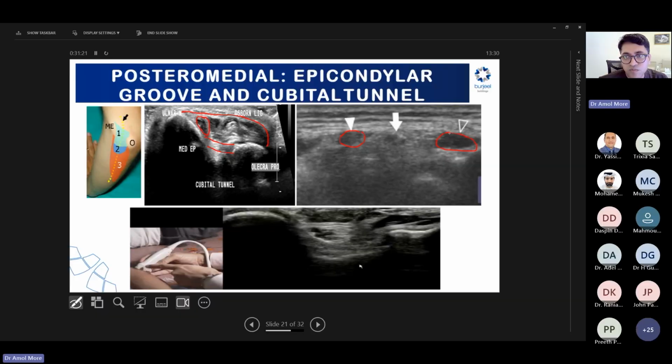These are the two heads of flexor carpi ulnaris, and this is the nice honeycomb-like pattern of the ulnar nerve. So these are the three positions we have to assess in the posterior medial aspect of the elbow joint. Here also we can see the nice outline of the Osborne ligament, the ulnar nerve with its honeycomb-like appearance, and the posterior band of the ulnar collateral ligament.